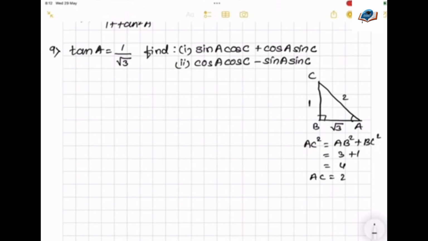Find sin A cos C plus cos A sin C. Second one is cos A cos C minus sin A sin C. So again I have found the hypotenuse. First I have found that AC is 2.